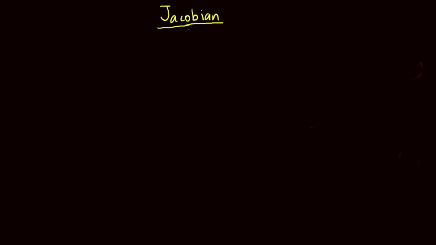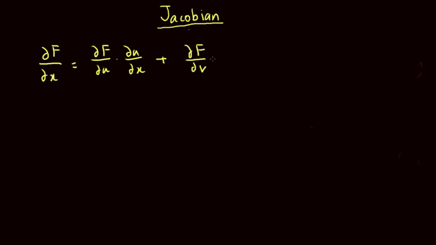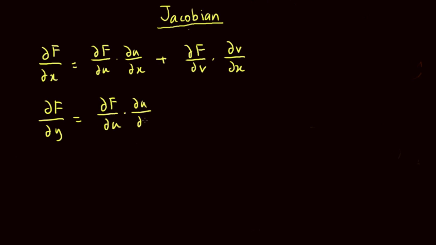We have the first one, del f over del x, which equals del f over del u times del u over del x, plus del f over del v times del v over del x. And then del f over del y equals del f over del u times del u over del y, plus del f over del v times del v over del y.